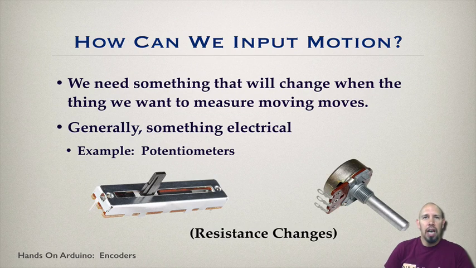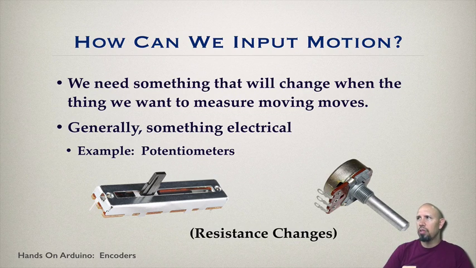But if you have a lot of motion that you want, you want to rotate many times, much more than 10, you're going to need something that can keep track of that rotation. And similarly, with potentiometers, you have a limited distance that you can go with that.